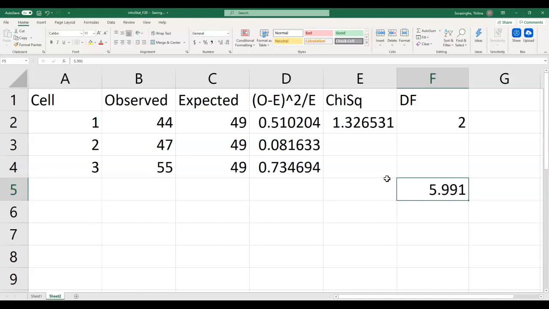So what you're going to do now is compare that tabulated theoretical chi-square value with this calculated chi-square value. In general, when you try to learn more about chi-square tests, which I strongly encourage you to do, please read pages 93 to 98 in your lab manual.